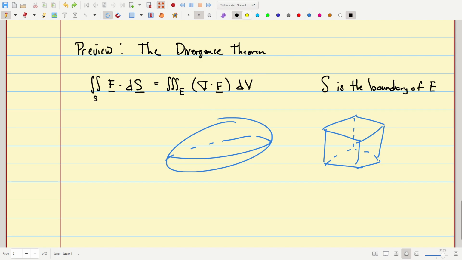Now, this theorem has a couple of other names. It is sometimes referred to as Gauss's theorem or the Gauss-Ostrogradski theorem. It's hard to say. There was a while in history where the Russian mathematicians were not talking to the rest of the European mathematicians. My PhD advisor is Russian, so there are a lot of theorems that have two names.